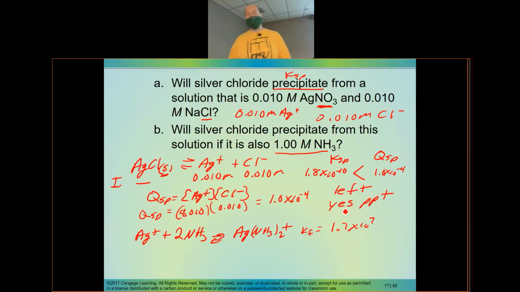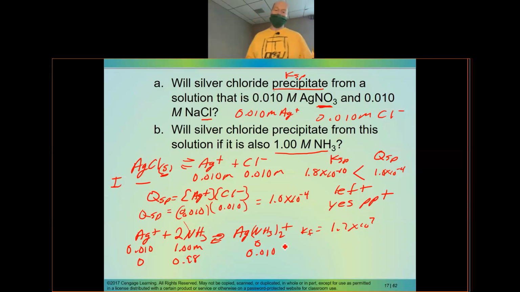And what is nice is they have not changed our concentrations. So we already did this problem. We had, when our NH3 was 1 molar, and our Ag plus was 0.010 molar, it goes to the right until something on the left is 0. This one was 0, this was the 0.98, and this was the 0.010.